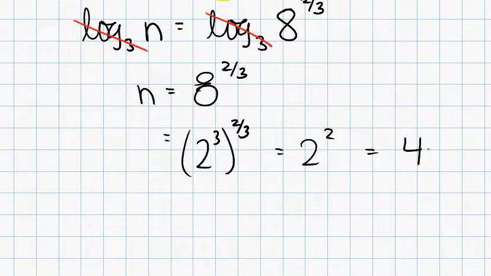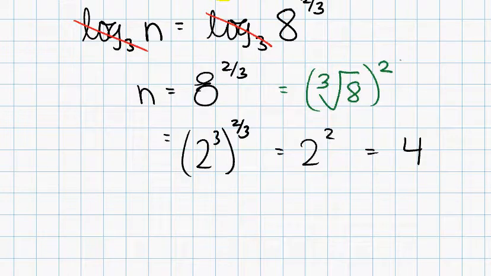You could remember that 2/3 can be written as a root. And in that case, divide by 3 means a cube root. So we're looking for the cube root of 8 squared. And the cube root of 8 is, of course, 2. So 2 squared is still 4.